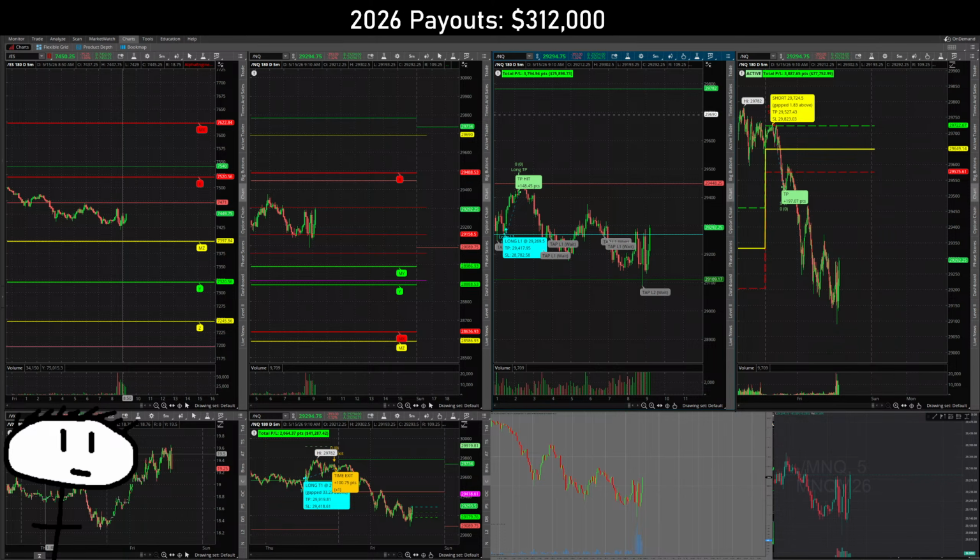It can't be manually traded then? Which one can't be manually traded?